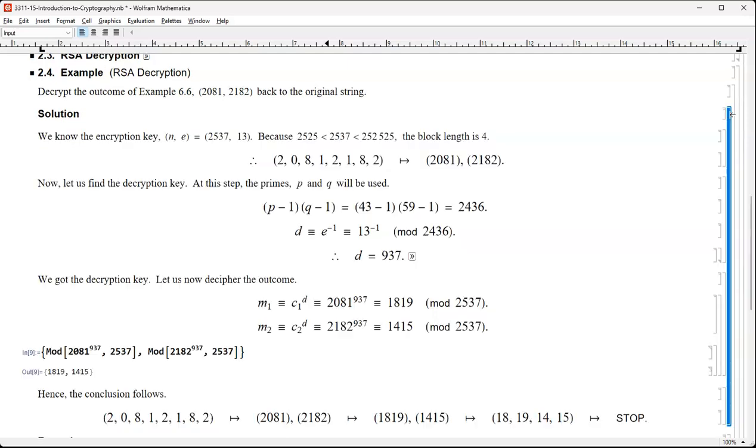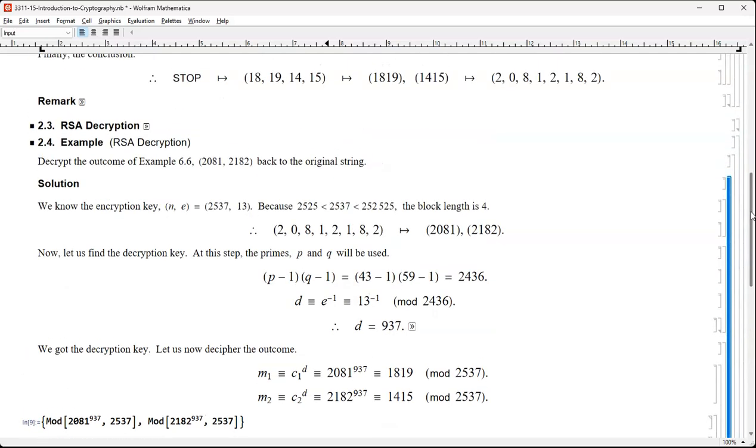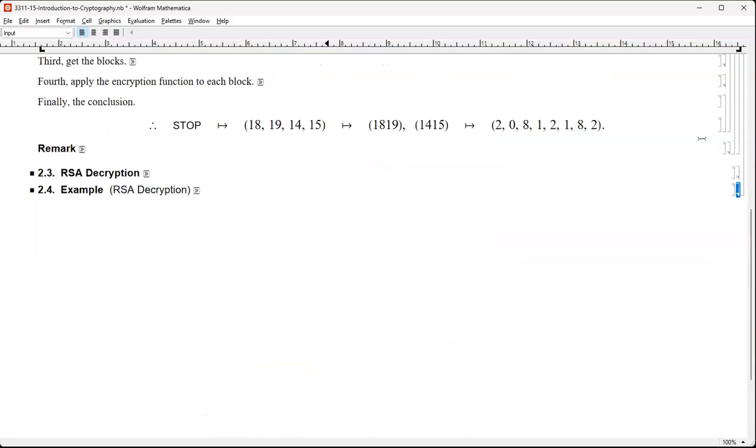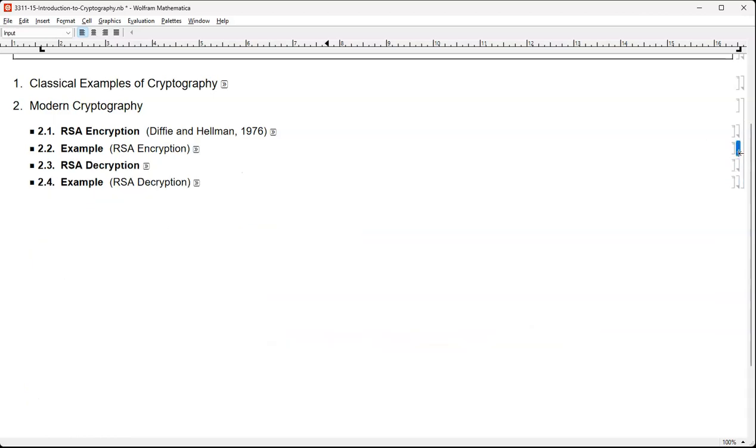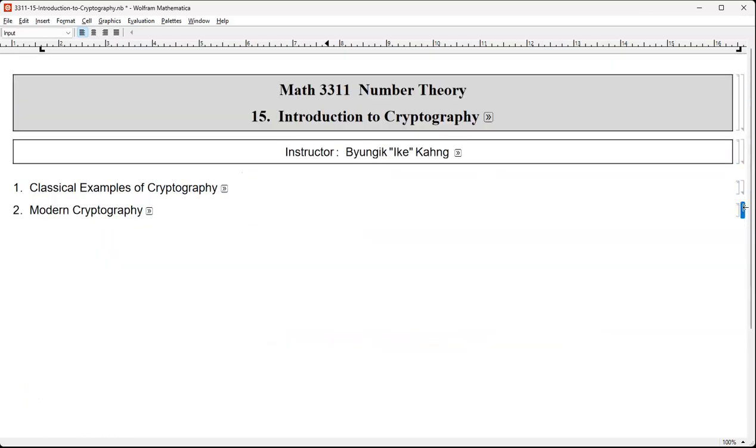But finding those P and Q back is going to be out of reach even for computers. So that completes section 2. And I guess that's it for the entire course, including the appendix. Or maybe I will call it lesson 15, whatever it is going to be.